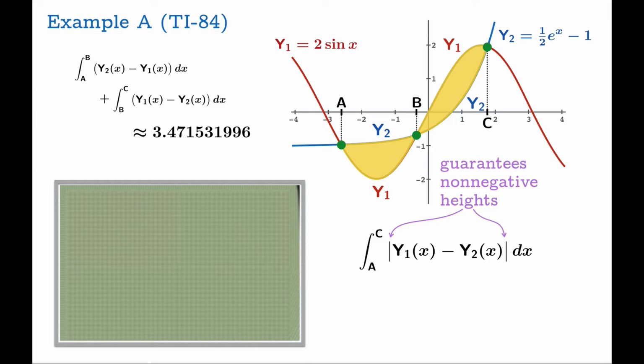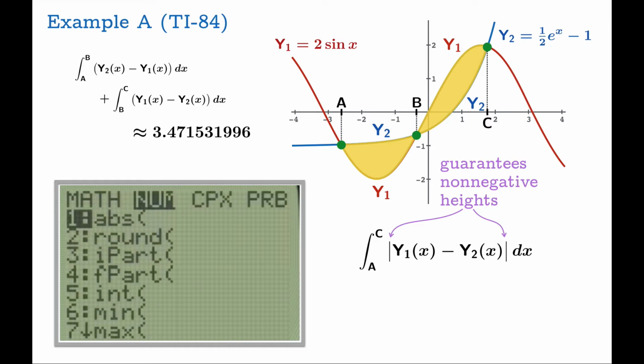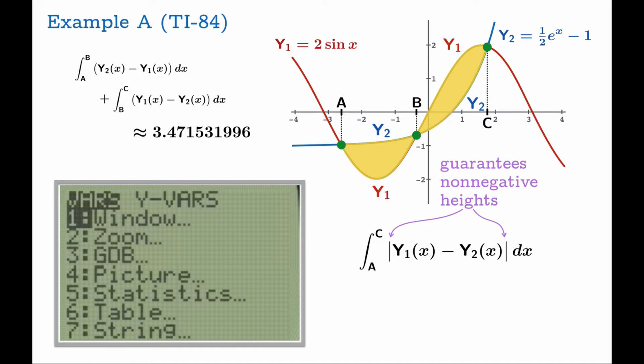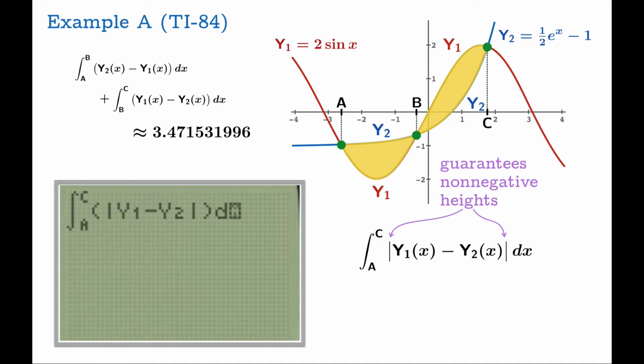So you could integrate from A to C and use the absolute value bars, and that would guarantee that you've done the same calculation. So here we'll repeat the calculation using absolute values for one integral, and we see that we get essentially the same result. But please notice it does take a while to come up with this result.